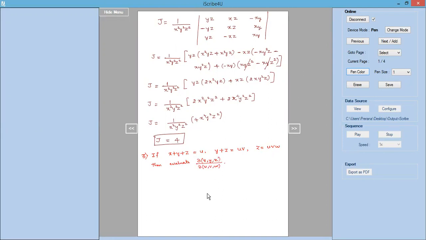We need to obtain the reverse of the Jacobian. It actually means first we have to represent x, y, z in terms of uvw. We have to express x, y, z in terms of uvw first, and then use the formula for Jacobian in the reverse way. That is Jacobian of x, y, z with respect to uvw we have to define.